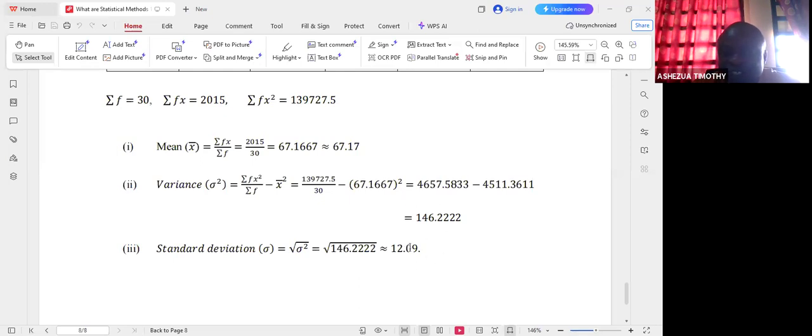And the deviation in this case from the mean is 12.09. That is how far the scores deviate from the mean.